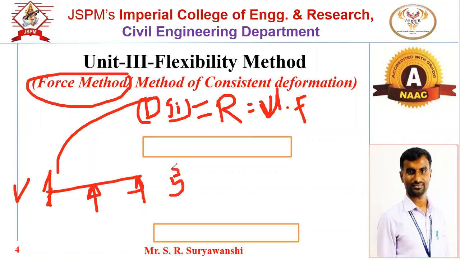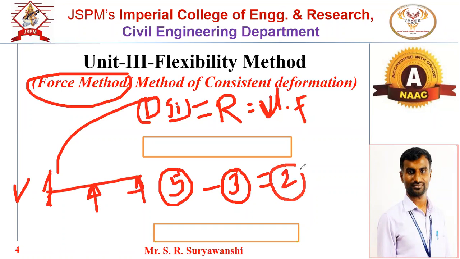Out of 5, 3 you can find out using the available equations, summation Fx, Fy and moment. But there are still 2 forces that you can't find out using the available equations. So for this beam the DSI is 2, meaning the degree of redundancy is 2.